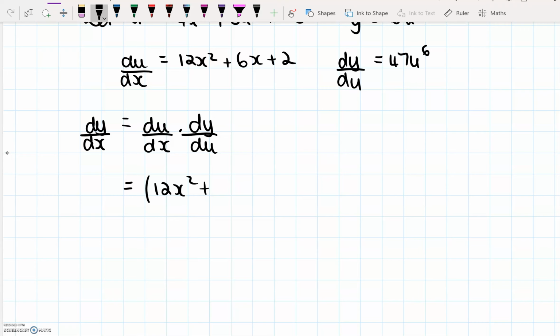So du dx was 12x squared plus 6x plus 2, and dy du was 42u to the power of 6.